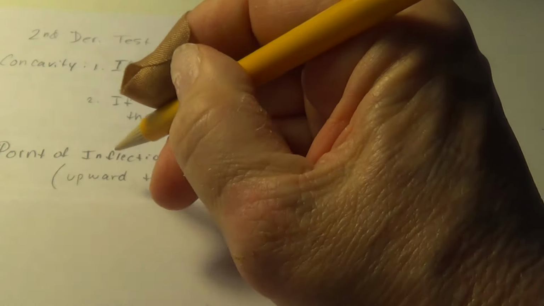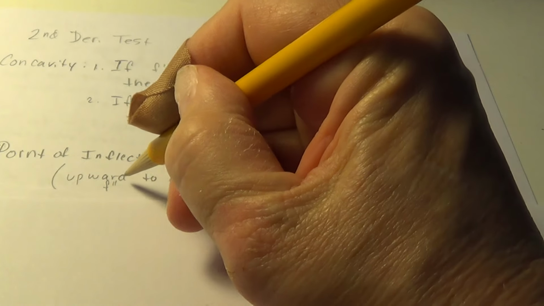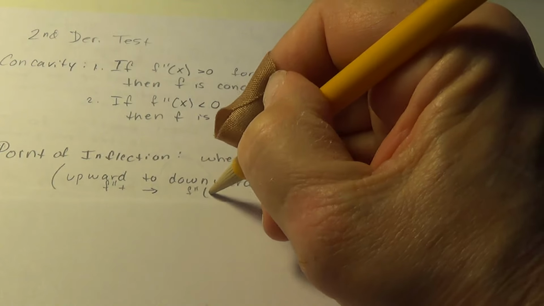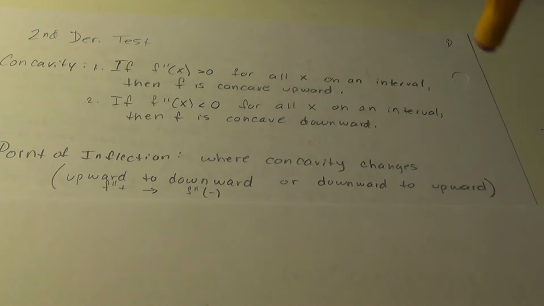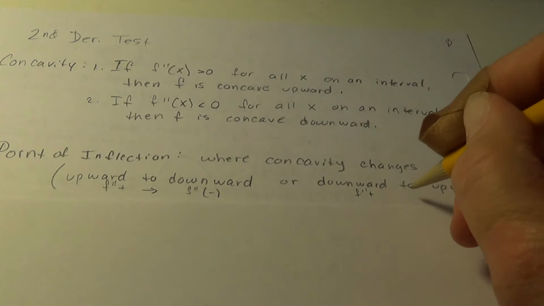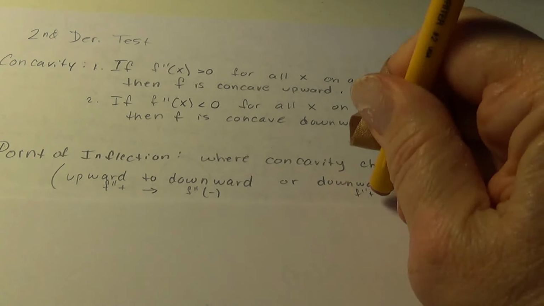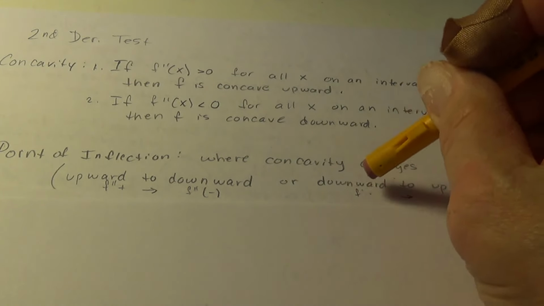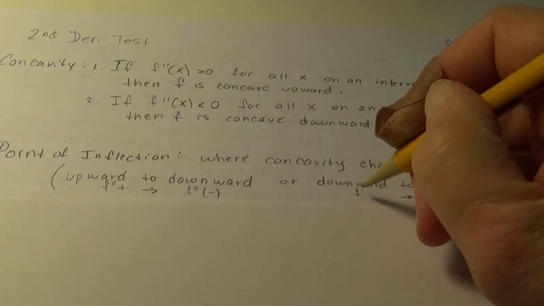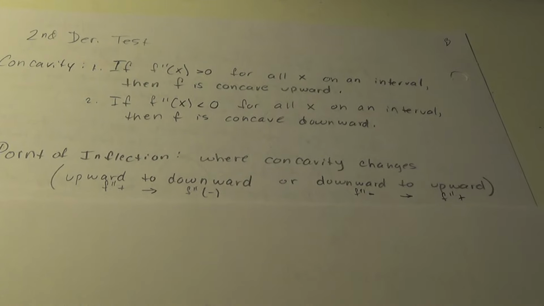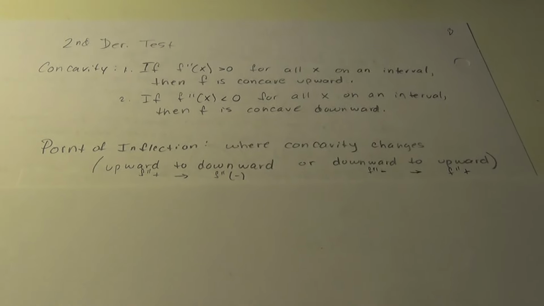So we would have the second derivative going from positive to negative, or from negative to positive. Alright, so that's talking about where an inflection point is.